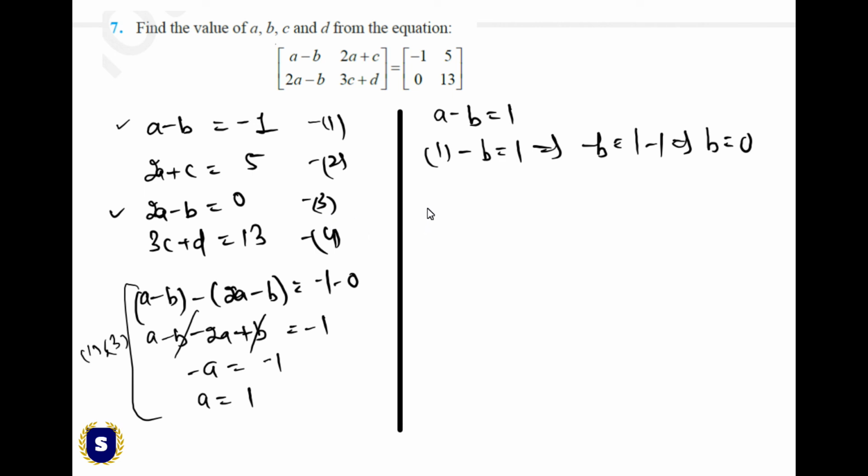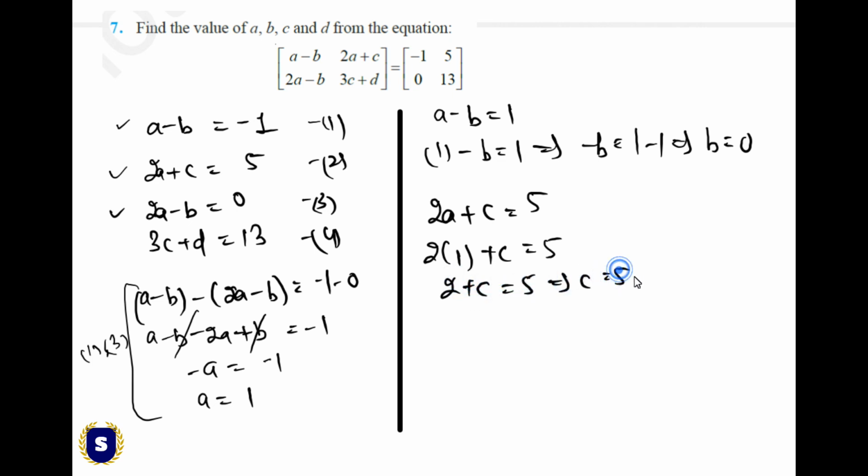So we can use the value of a in equation 2 to get the value of c. Equation 2a plus c is equal to 5. We know that the value of a is 1. So this implies c is equal to 5 minus 2 is equal to 3.